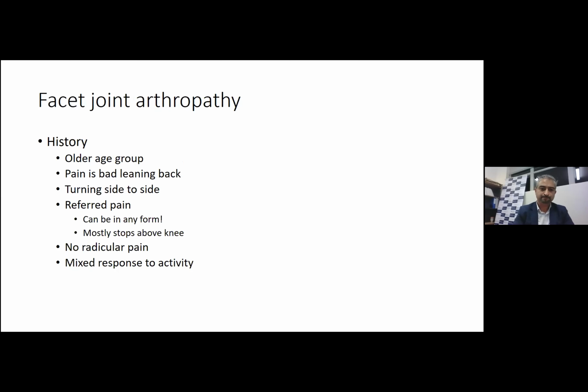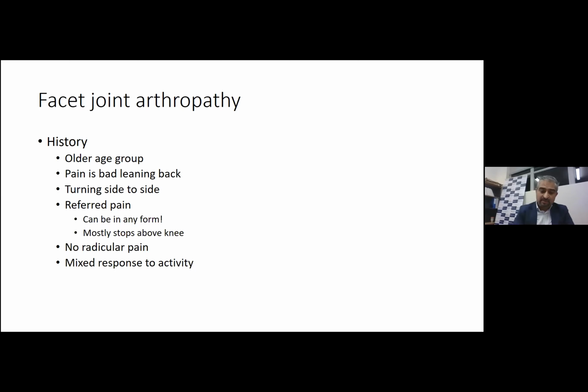And the last common problem, which I would say is actually the commonest problem, is facet joint disease or arthropathy. It is seen more in the elderly group. They say that their back is painful. They find it hard to roll from side to side in bed.